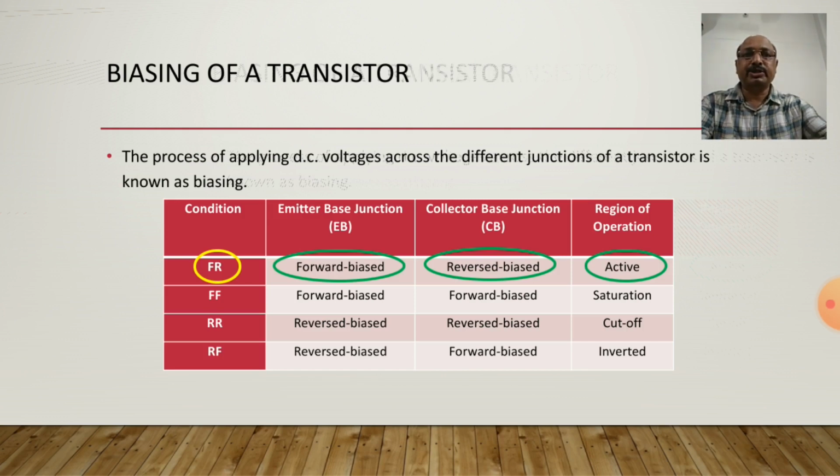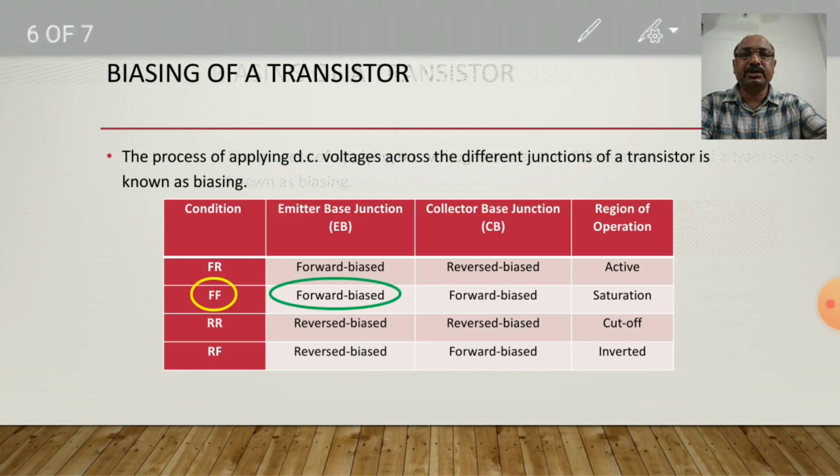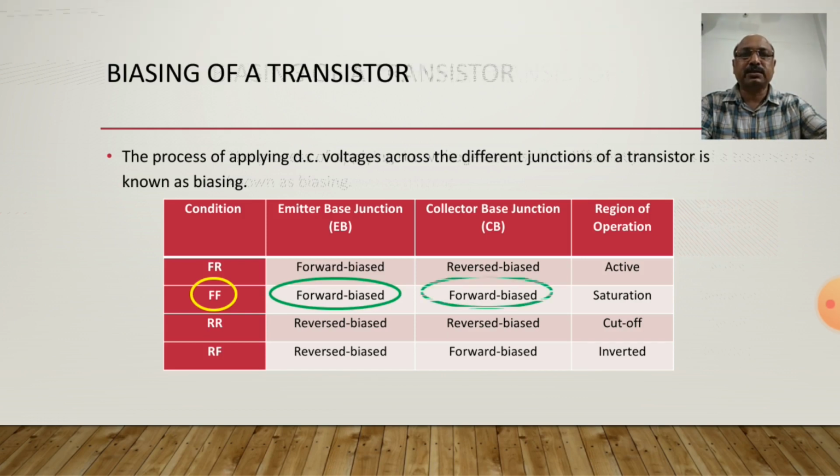In the second condition, that is FF bias, it means both junctions are forward biased. That is, the collector base junction is forward biased as well as the emitter base junction is forward biased.